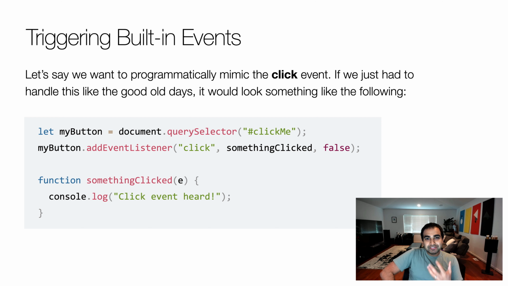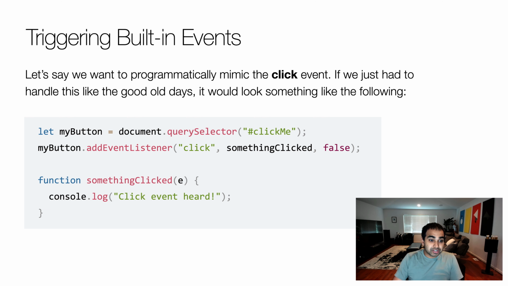And so this really falls in the category that I could call triggering built-in events. So we talked about click, we talked about the mouse several times so far. So let's say we want to programmatically mimic the click event. Just taking a step back, if we just had to handle a click event like we would have if we talked about events for the first time as part of the introduction, you would see something that looks like this.